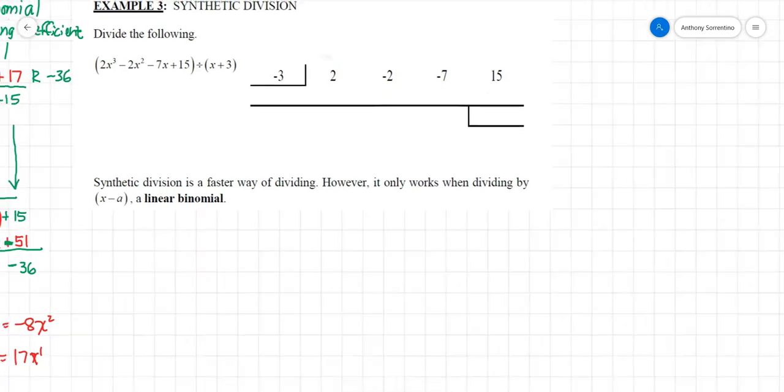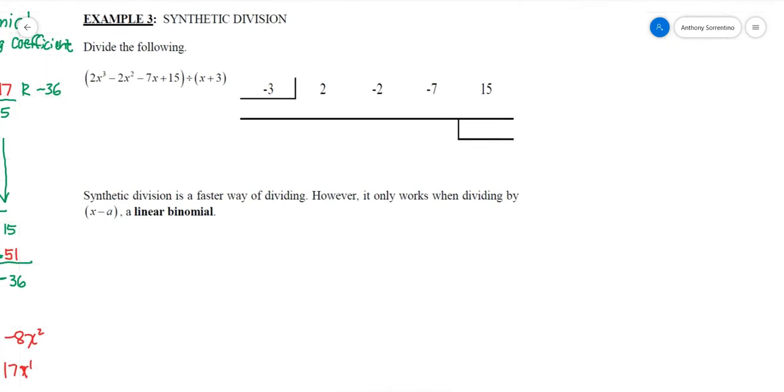So these, gotta switch back to my pen, these are the coefficients of the dividend, which I think they officially call the number being divided. So, I have a 2, minus 7, and positive 15 here.